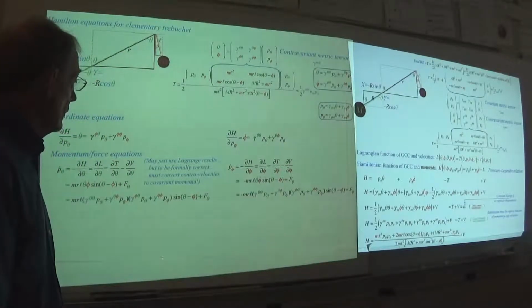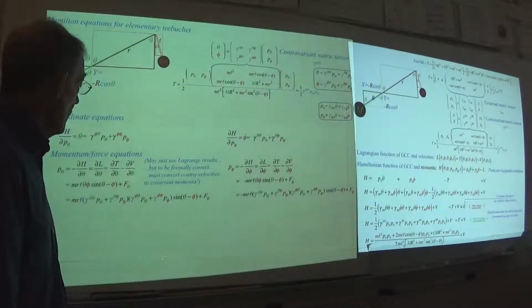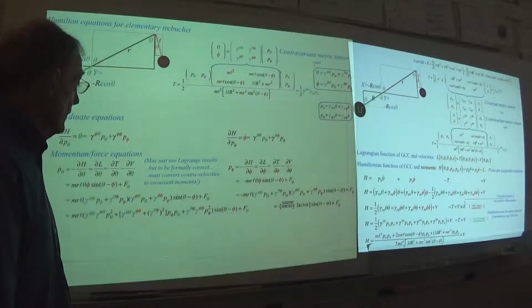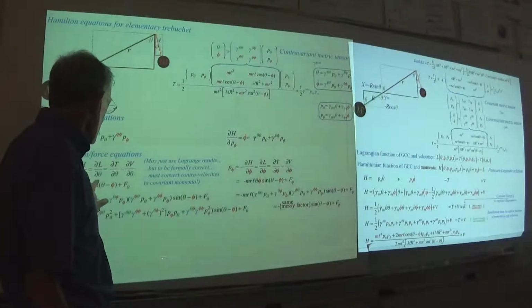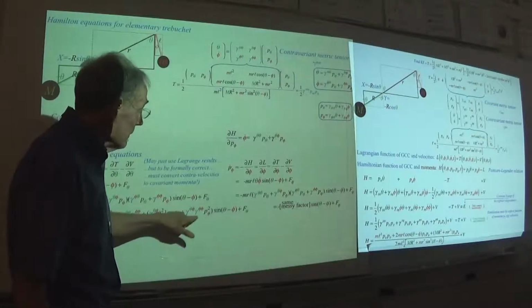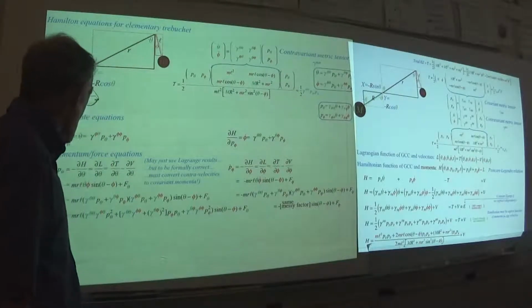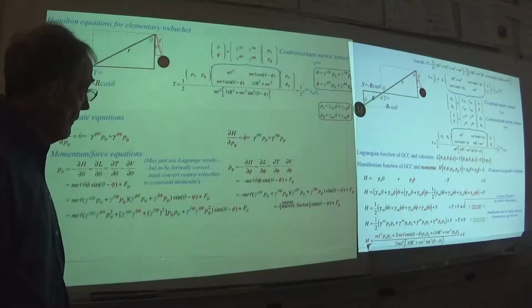That doesn't turn out to be too difficult, although writing it out is, as you keep using, actually taking the thing and putting it in the form that involves the momenta, that's what you get.